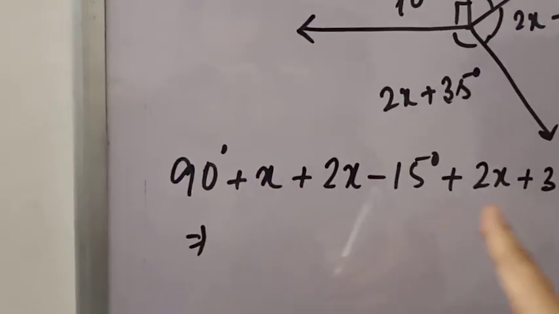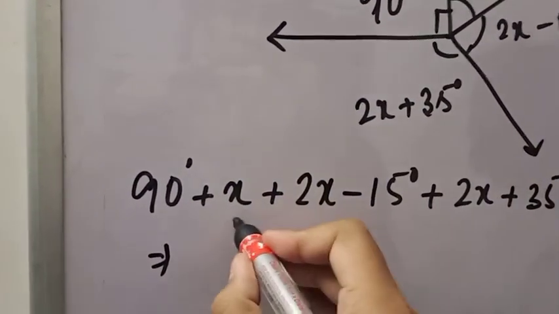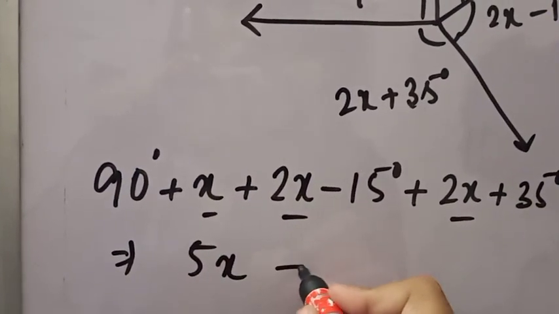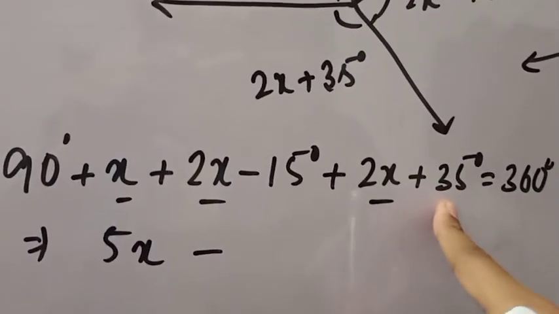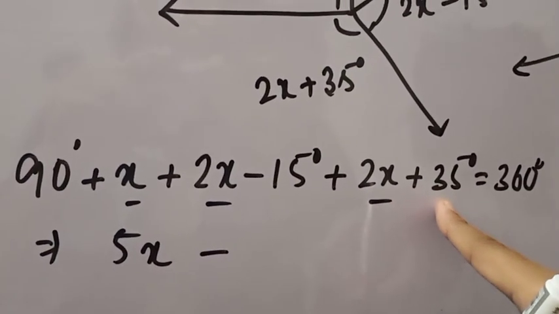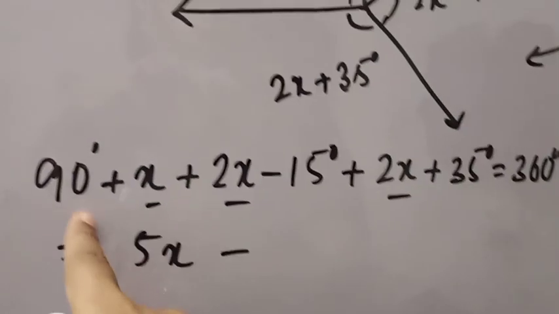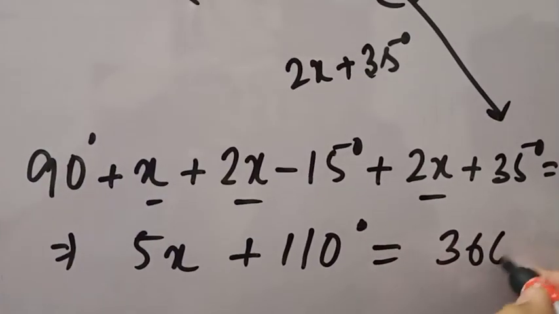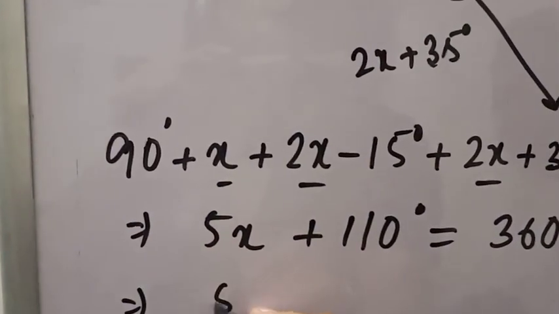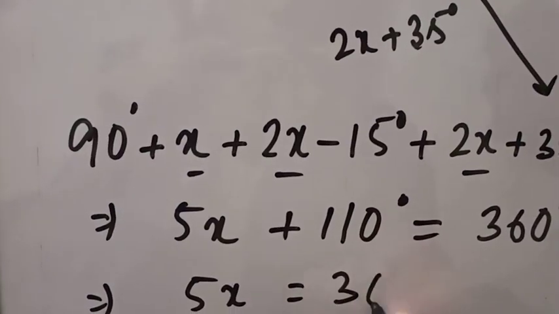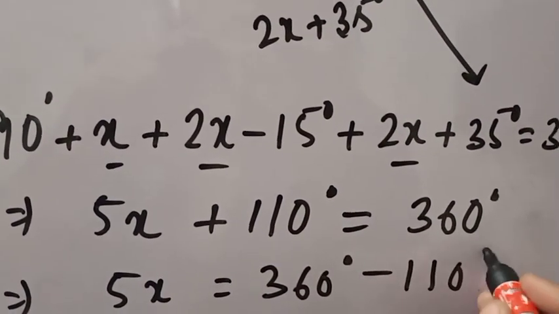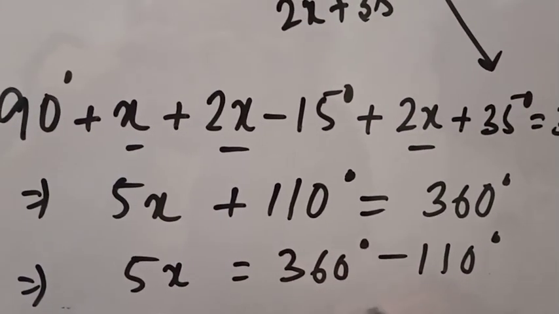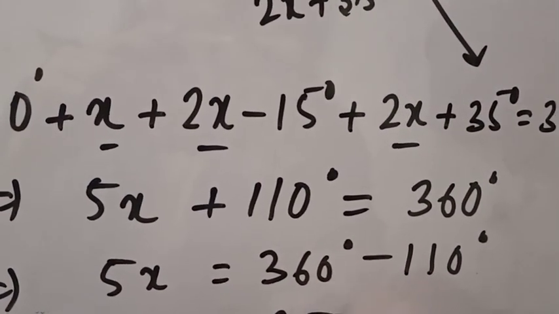So now, how many x is there? 1, 3, 5. So 5x minus 15 plus 35, that means plus 20. 20 plus 90 is 110. So that means 5x equals 360 minus 110. So 5x equals 250 degree.